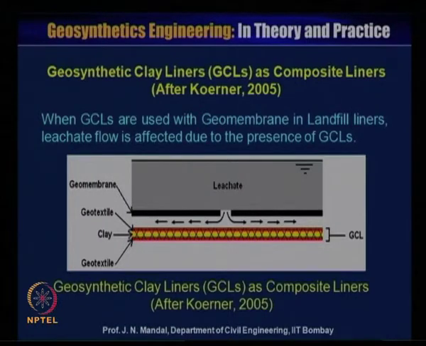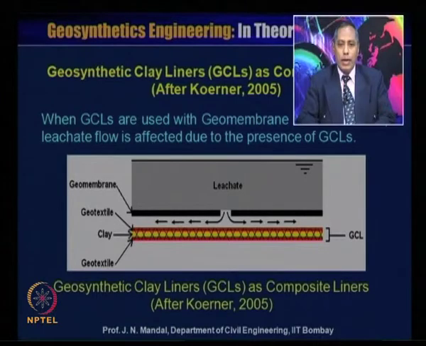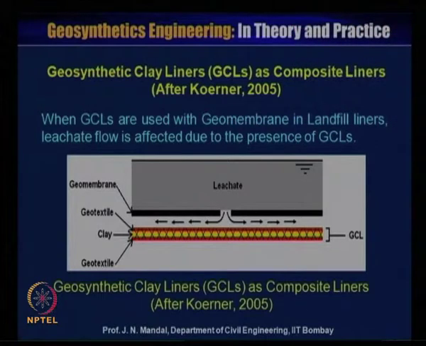This is one of the major advantages of using the geosynthetic clay liner with the geomembrane as a composite liner. It is more useful and will not pollute the ground surface, because the leachate flow direction is absolutely different from the traditional method.